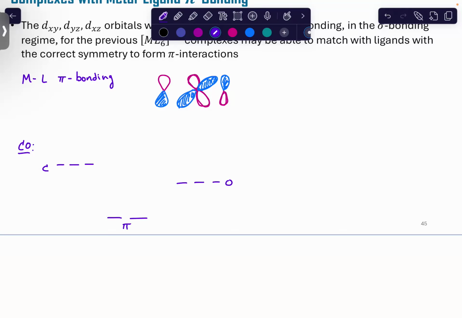Do our pi level, sigma level. If you look this up, oxygen does not have significant sp mixing. Carbon does, but since we have carbon and oxygen together, the sp mixing will dominate.